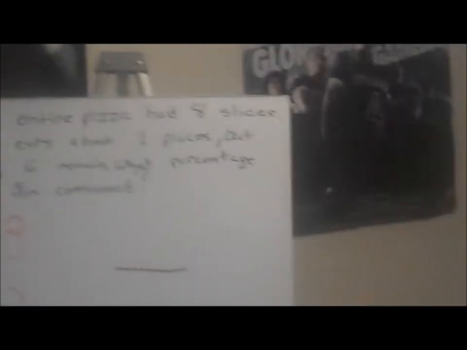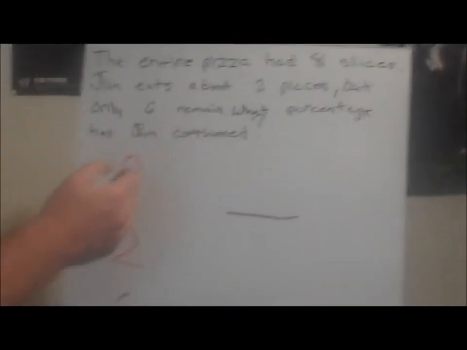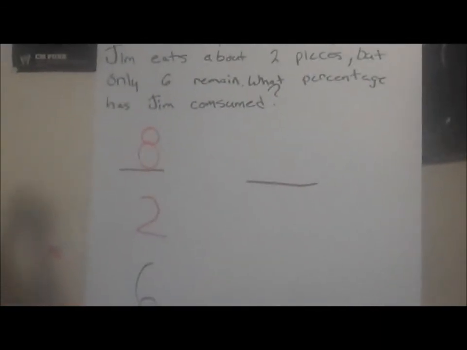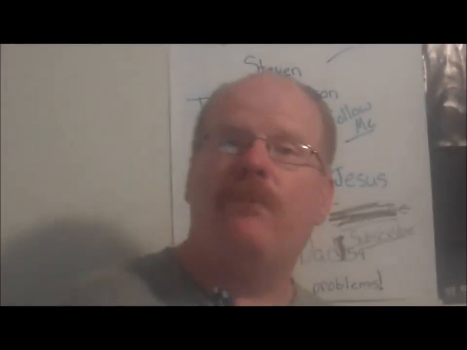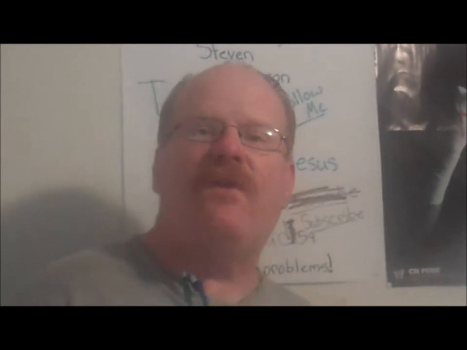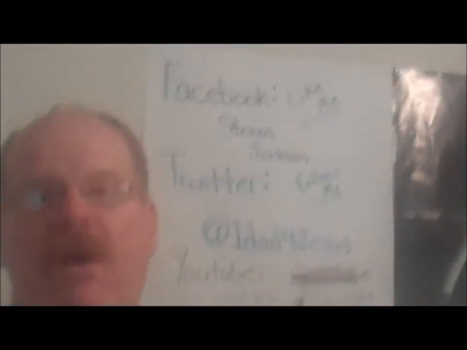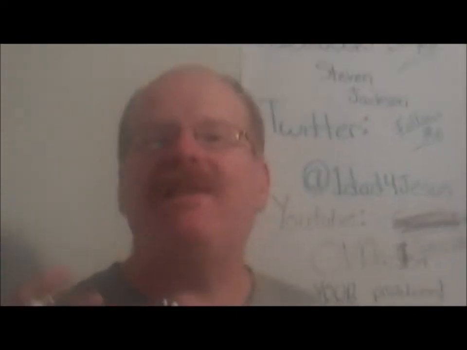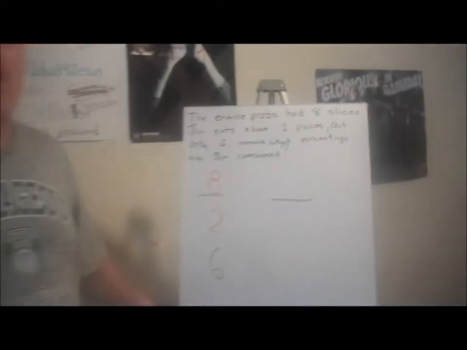Now, if we look at the numbers, we see that the entire pizza had 8 slices. When we remember from when we first started talking about fractions, the bottom part of the fraction always has to be the reference number or the resource number, the total number of parts that we're dividing things up.